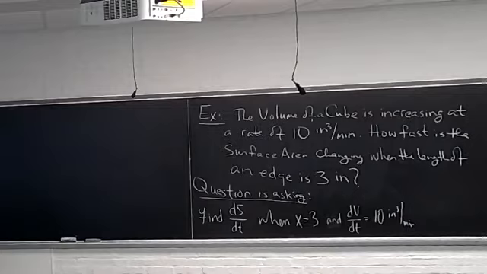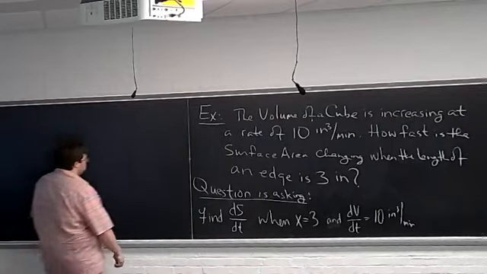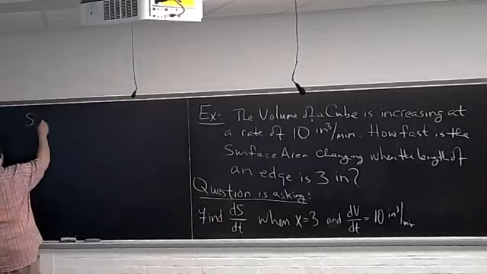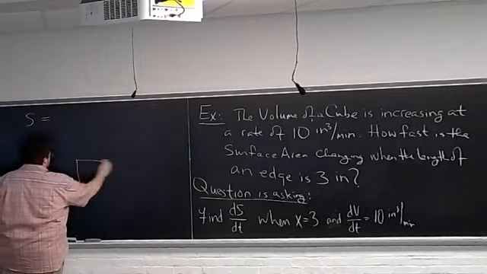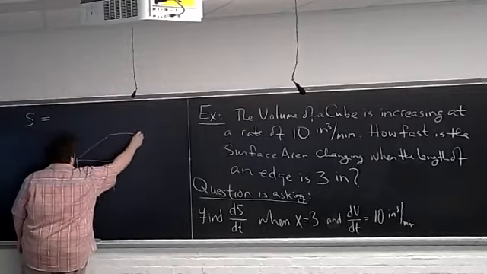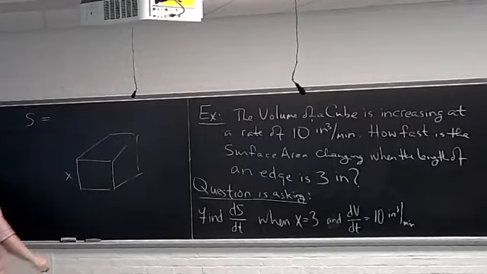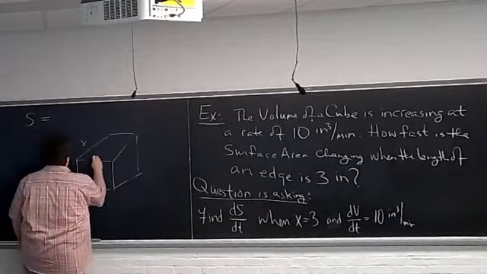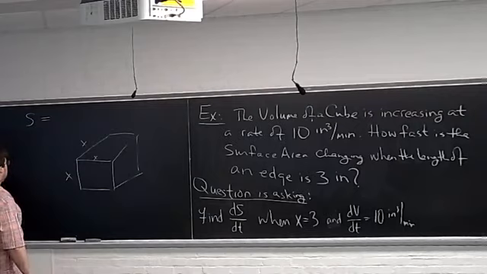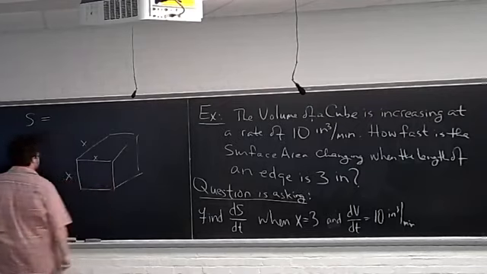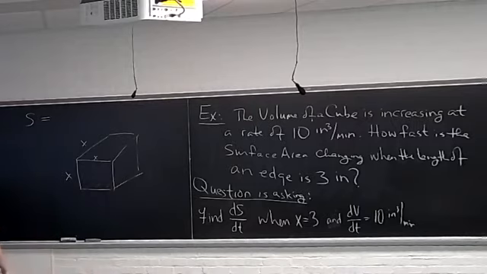Well, what is a formula for S? The surface area of a cube. That's what we want. S, surface area of a cube. Well, what is a cube? A cube is one of those with an edge x. What is the surface area of that cube? These are all x. Well, it's the surface area of the one face, I guess you could say, plus the surface area of the other 5 faces.